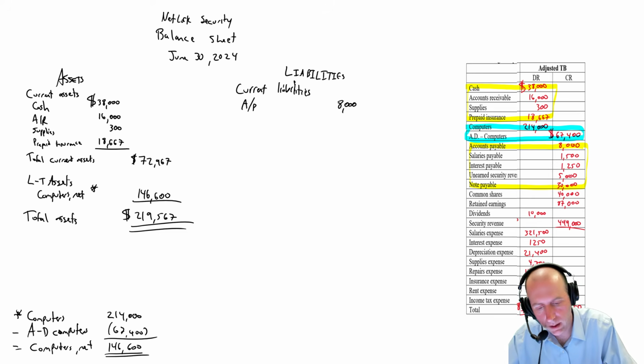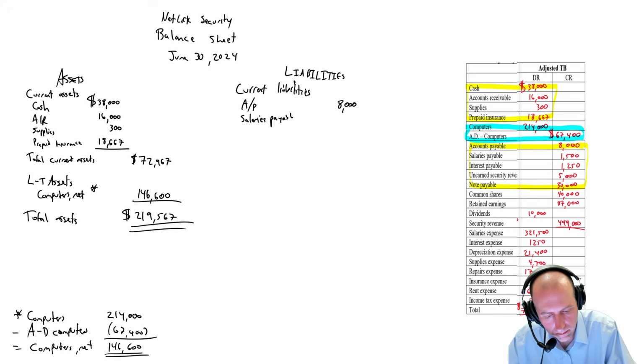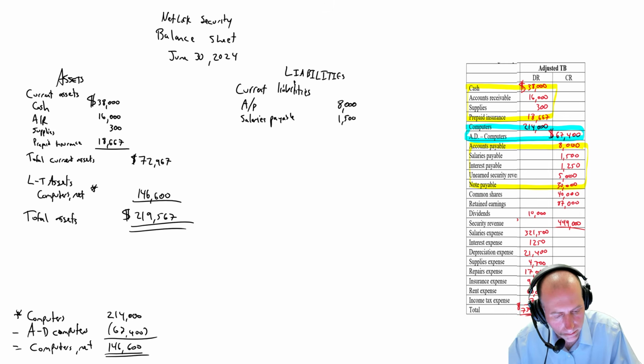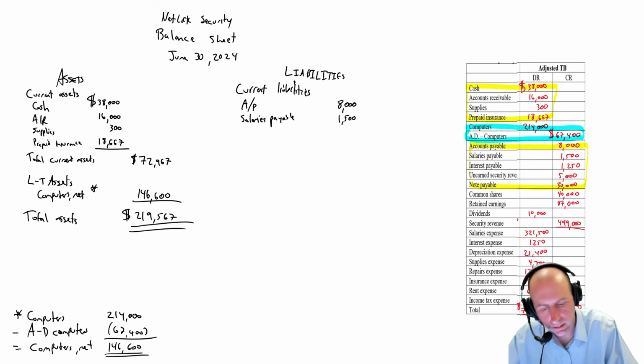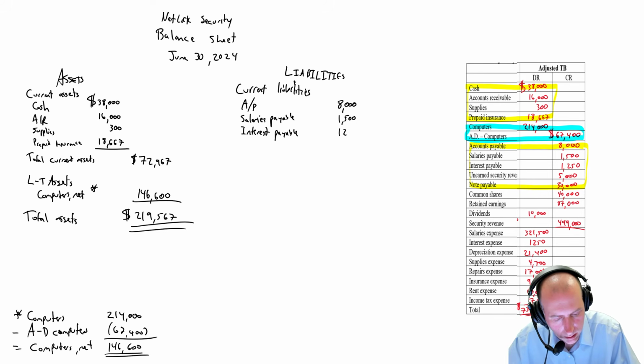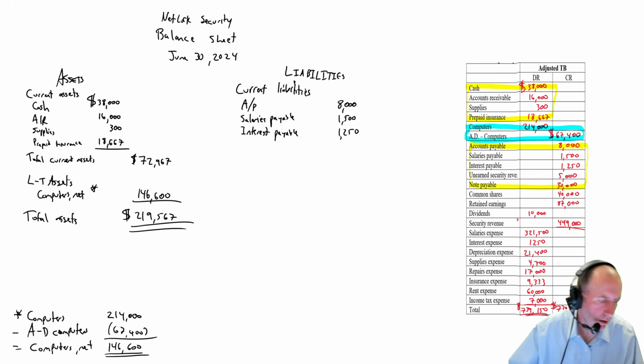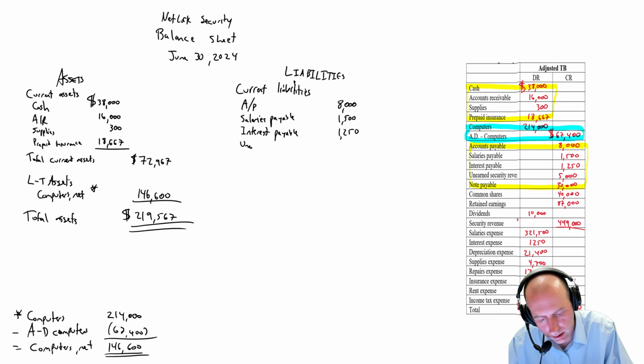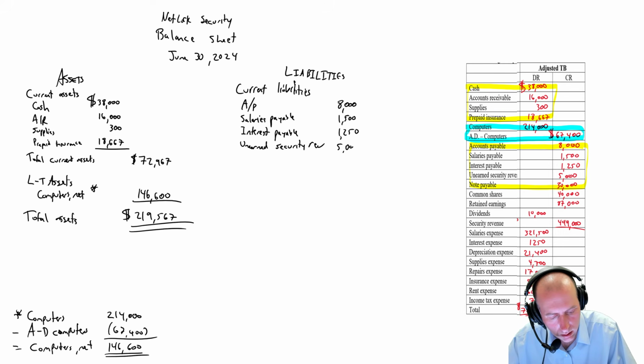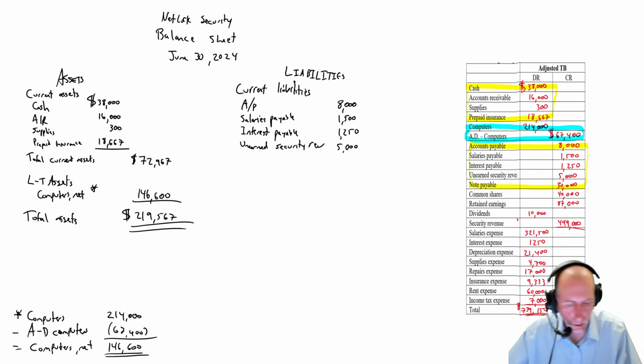Salaries payable, 1,500. Interest payable, 1,250. Unearned security revenue, $5,000. And a note payable of 30,000.